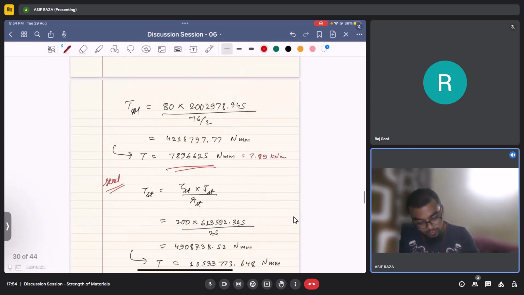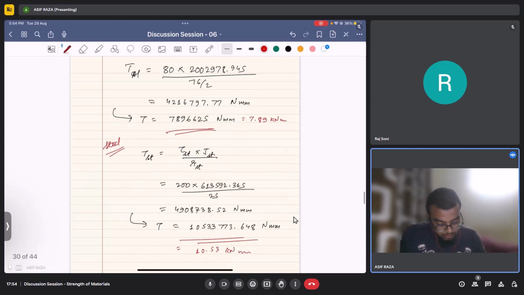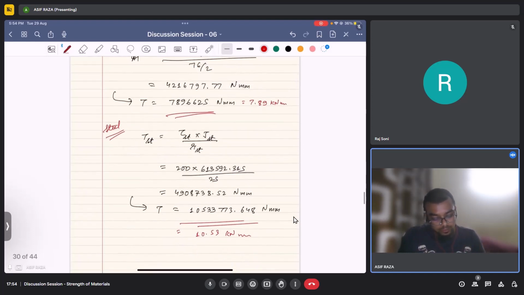So the design capacity corresponding to aluminium is only 7.89, while steel would give me 10.53.